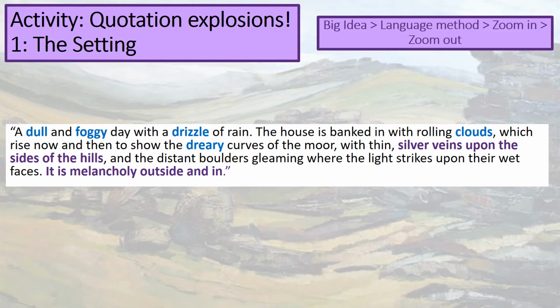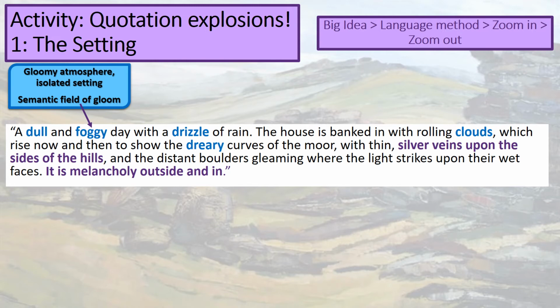Make sure that as we go through the quotation, you're adding to your own quotation explosion with annotations, because this will be useful for the next task. So first of all, my big idea, I really picked out the gloomy atmosphere that we feel when we're reading this quotation. It really creates that sense of an isolated setting.